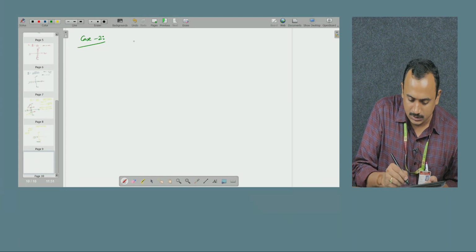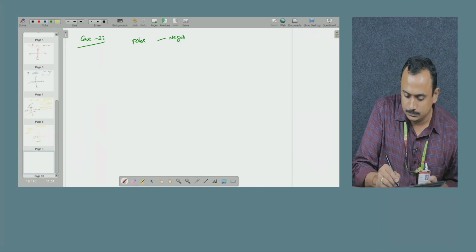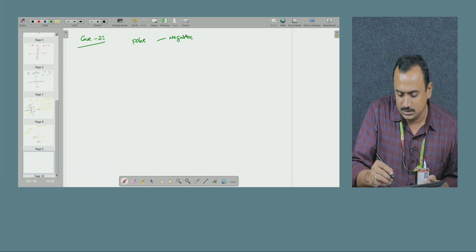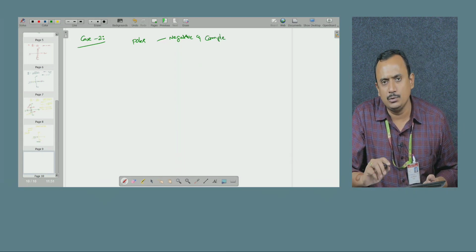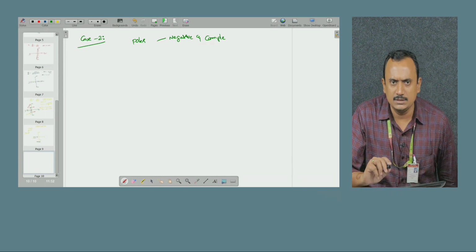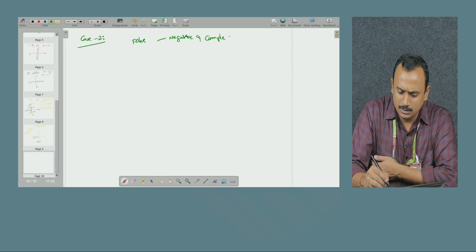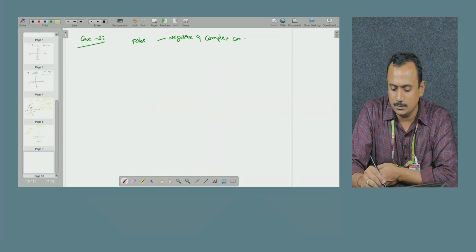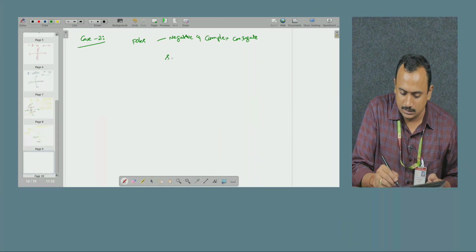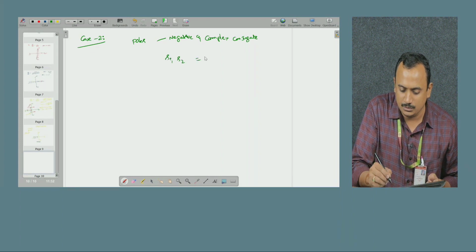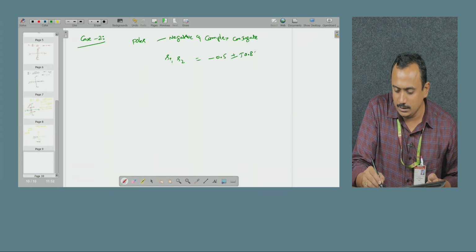Next let us go to case 2. If poles are negative and complex conjugate. In the previous case poles are only negative. Now in this case we see poles that are negative and complex conjugate. For example, the poles are like S1, S2 equal to minus 0.5 plus or minus j 0.866.